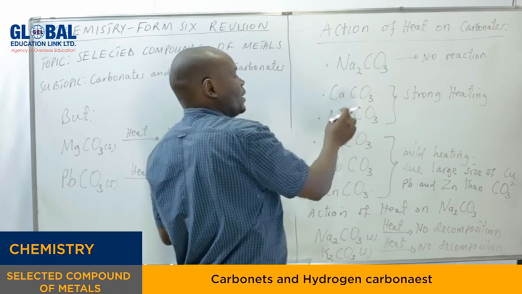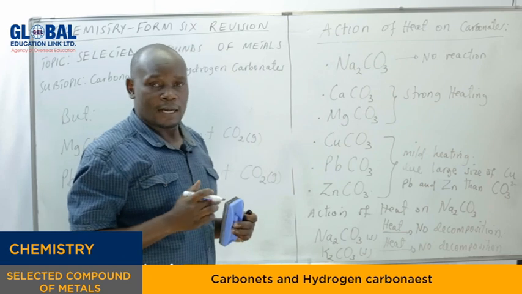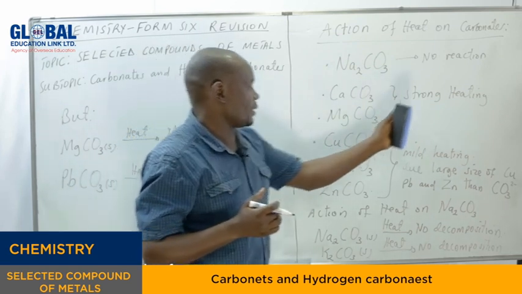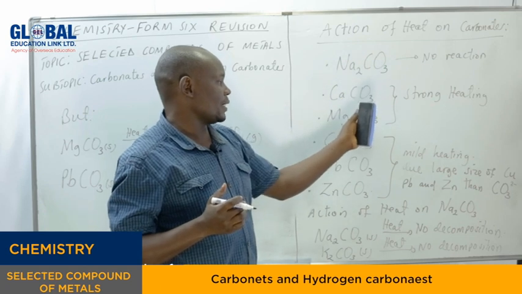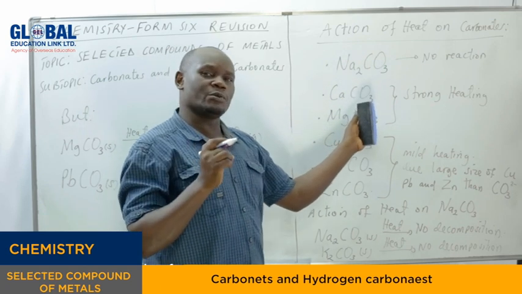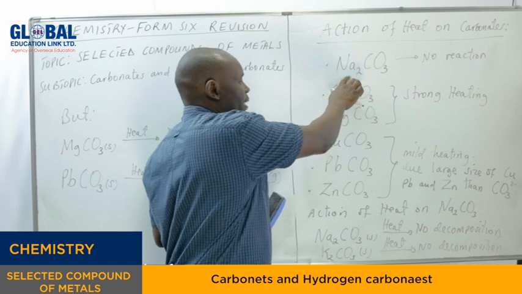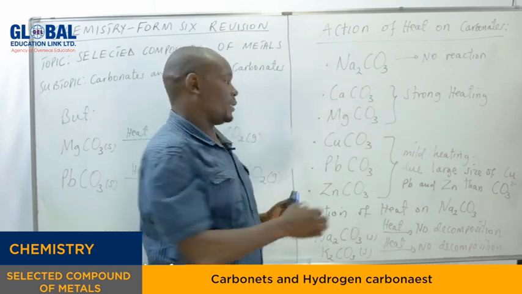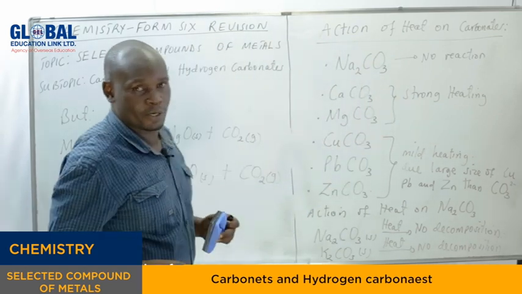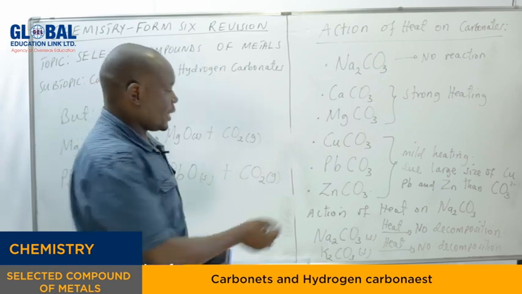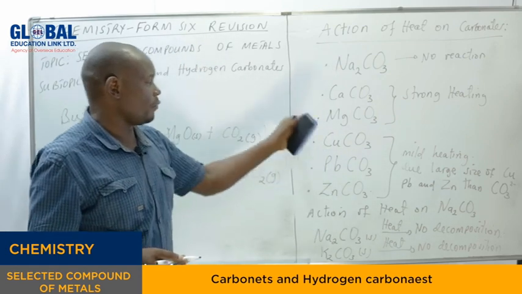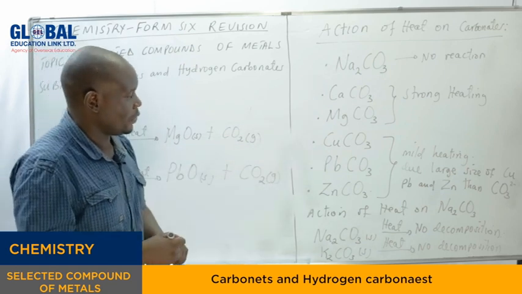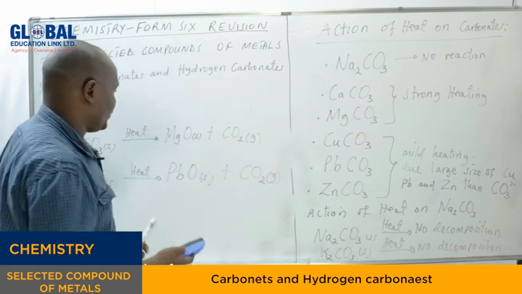That of sodium is different from that of calcium and magnesium. So the packing of the particles in calcium carbonate and magnesium carbonate is not as strong as in sodium carbonate. That's why they get decomposed on heating. So that is about the action of heat on carbonates of selected metals.